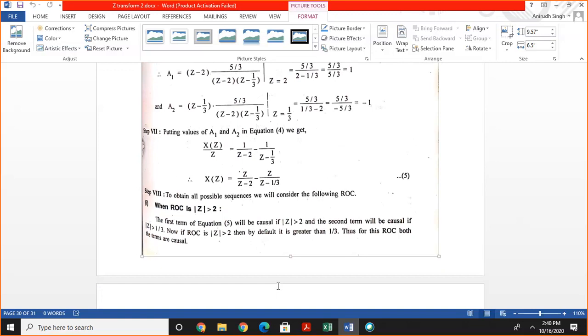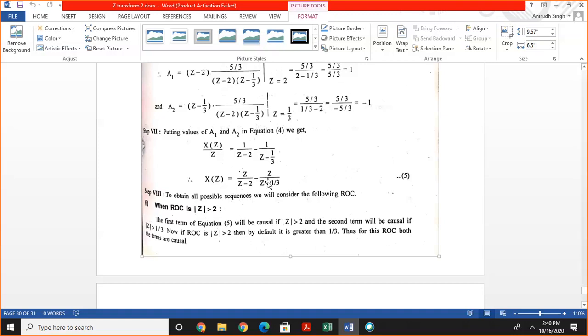Then we calculate the roots of this quadratic equation. The roots of the quadratic equation are 2 and 1/3. So we can write X(z) divided by z equal to 5/3 divided by (z minus 2)(z minus 1/3), and it is written in partial fraction expansion form.